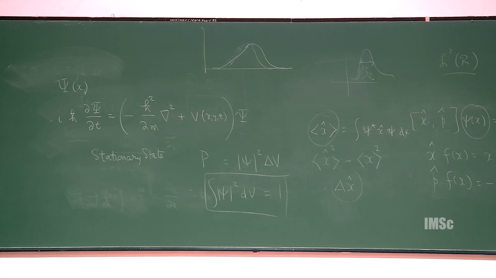Now this number is always positive. The expectation of x hat squared minus the square of the average of x is always positive. It's easy to prove. It's almost like the theorem that the sum of two sides of a triangle is always greater than the third side. This theorem is only that much, that this minus that is always positive.